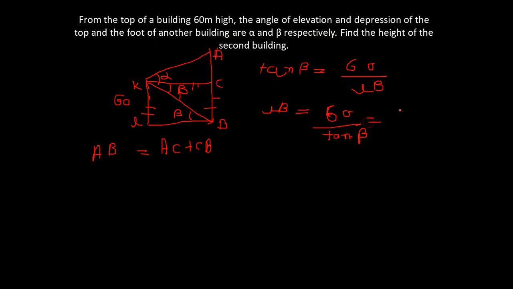So this will be 60 into cot of beta. So this LB, and so this KC will be the same. And this is 60, we know.